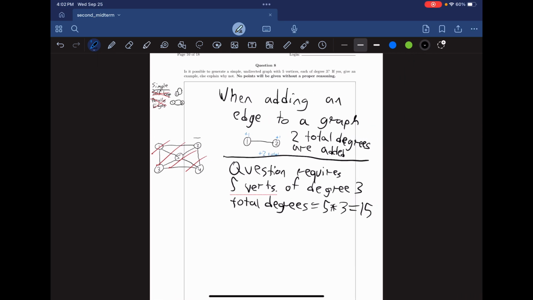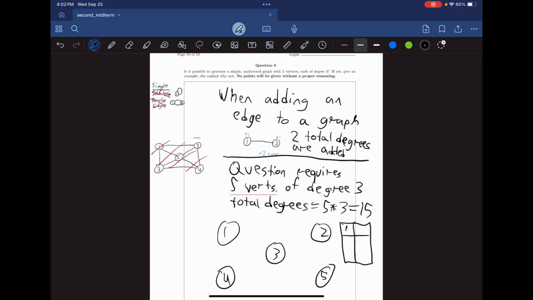And we know that we get 2 total degrees when adding each edge. So if we have our empty graph at the beginning, where there are no edges yet added, every time that we add an edge, we're going to add 2 to the total number of degrees. We could make a little table here: TD for total degrees, E for edges.